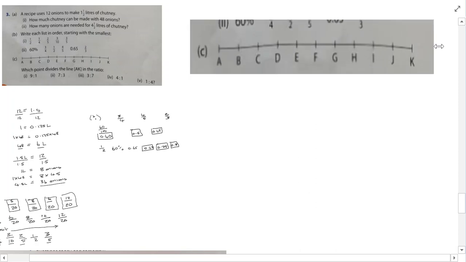Okay, so it's a bit bigger. It might be a bit easier to work with. The first thing we have to do is, let's say, which point divides the line AK in the ratio of 9:1?